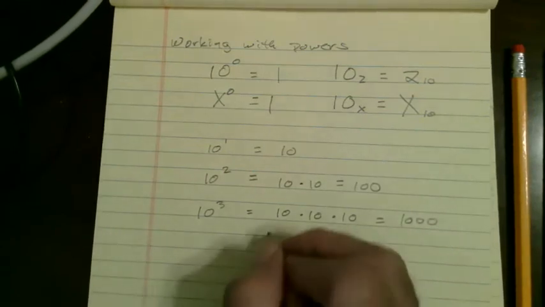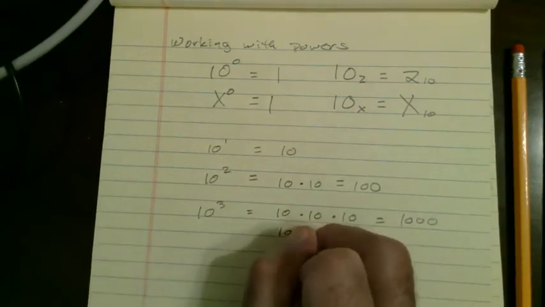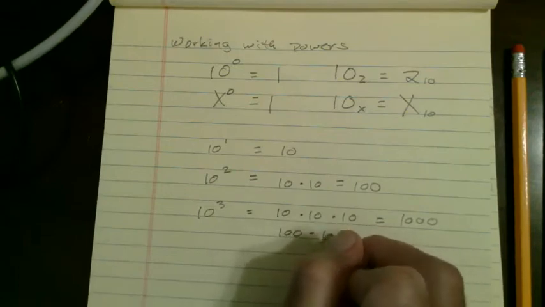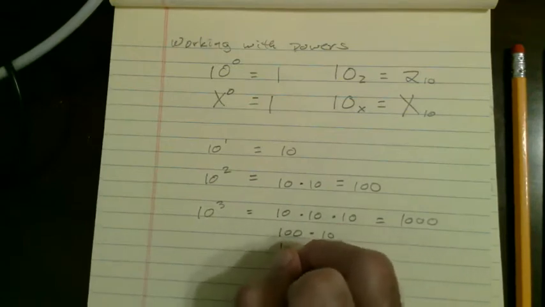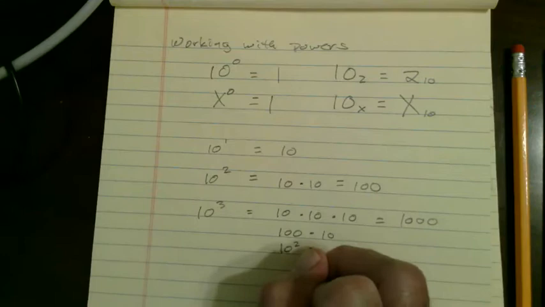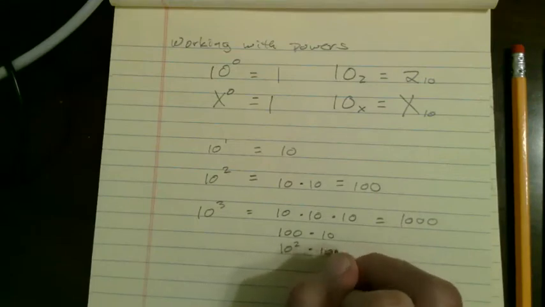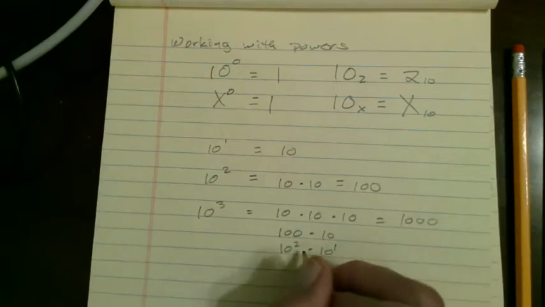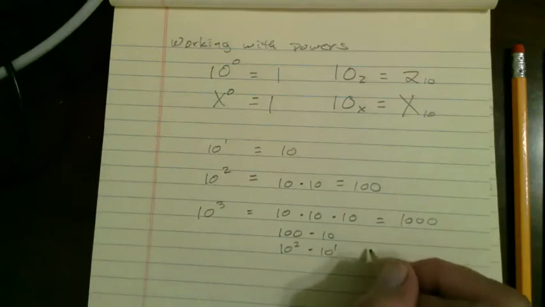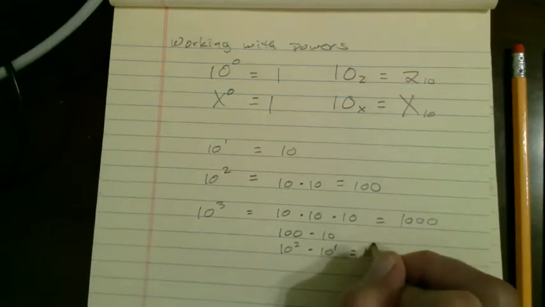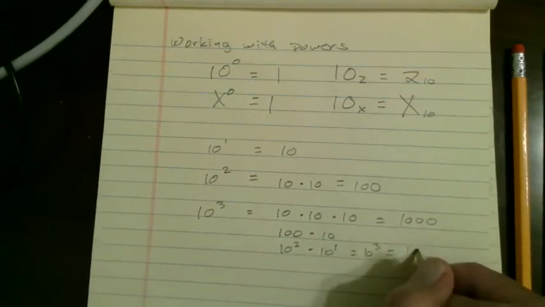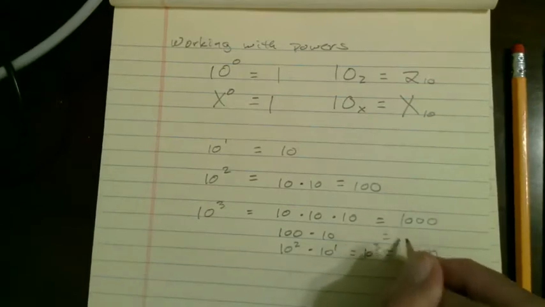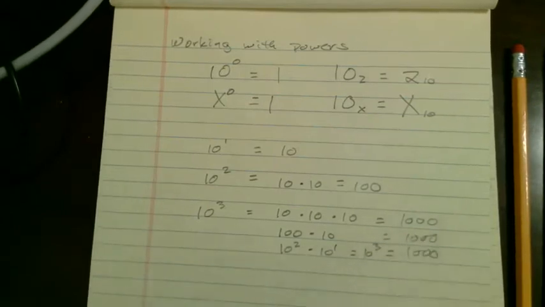Another way of thinking of it is it's really 100 times 10, or 10 squared times 10 to the first. And if you're multiplying, you add the exponents, you get 10 to the third, which also equals 1000. All these equal the same number, 1000.